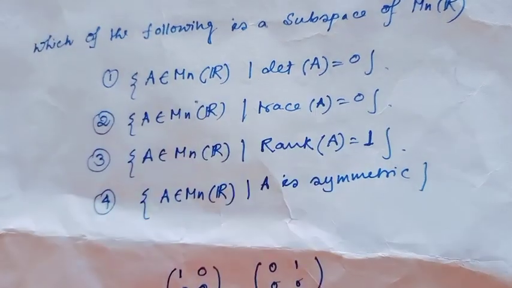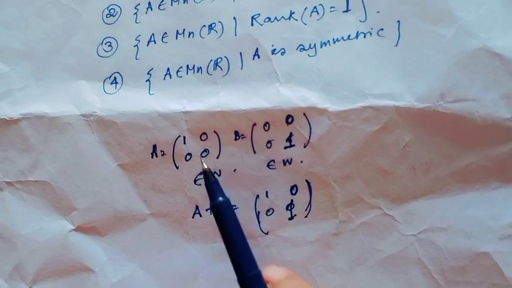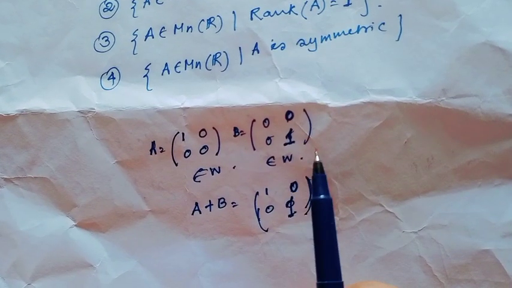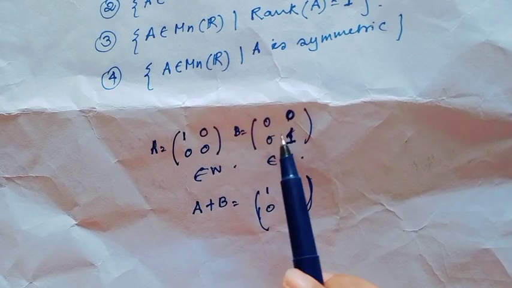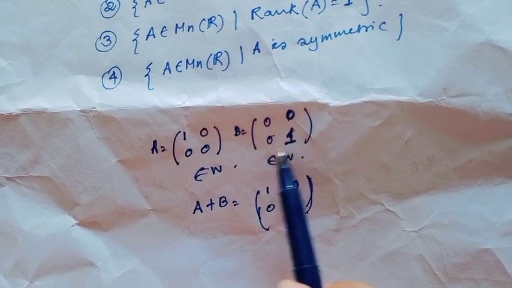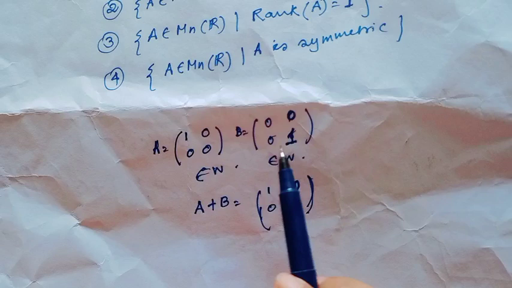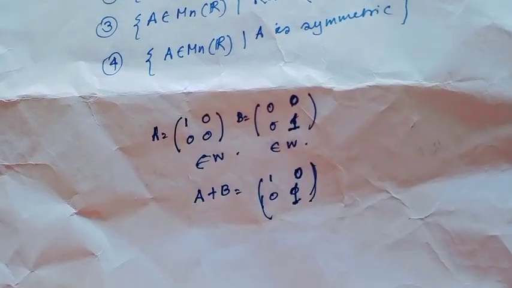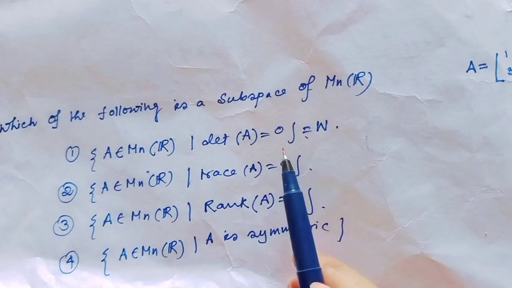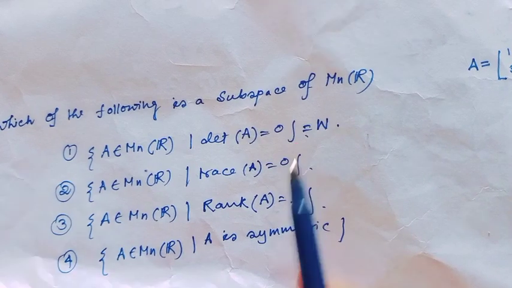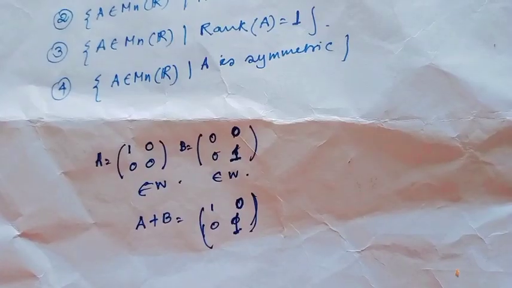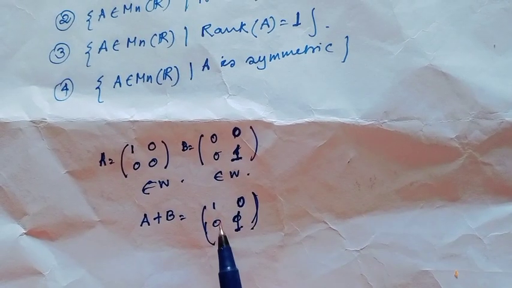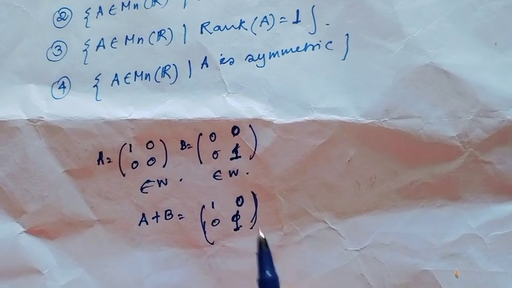First, for this, consider two matrices whose determinant is equal to 0. A equal to [1, 0; 0, 0] and B equal to [0, 0; 0, 1]. Obviously, these two matrices belong to W because the determinant of A and B equals 0, but their sum A plus B equals [1, 0; 0, 1].